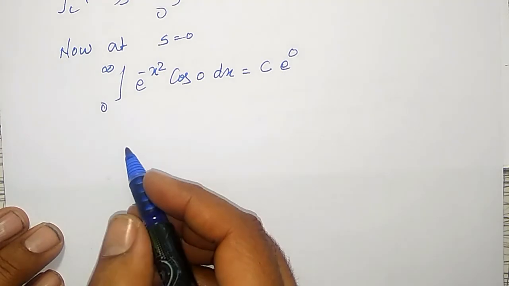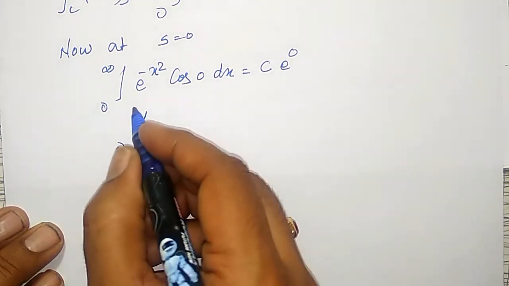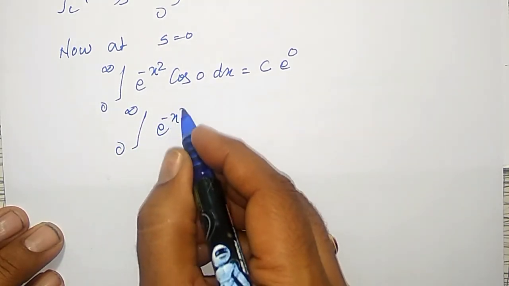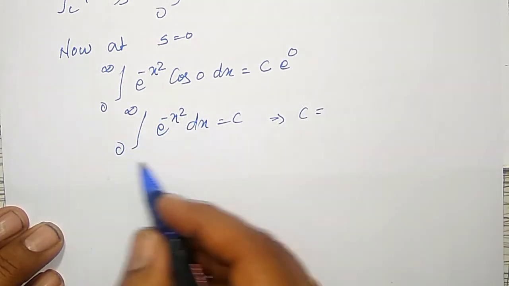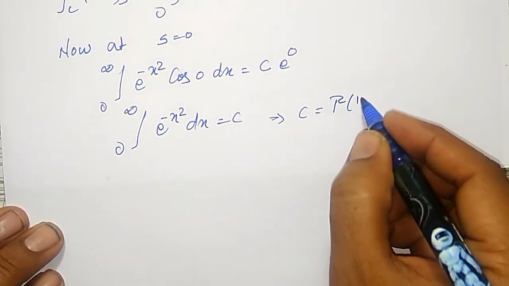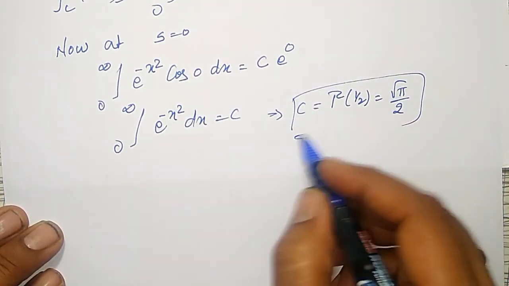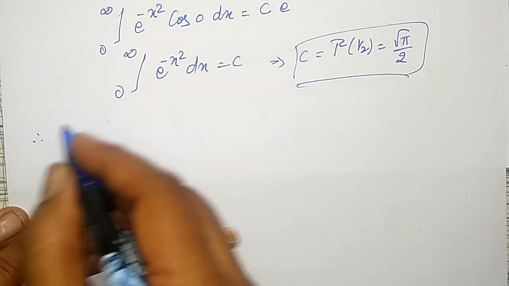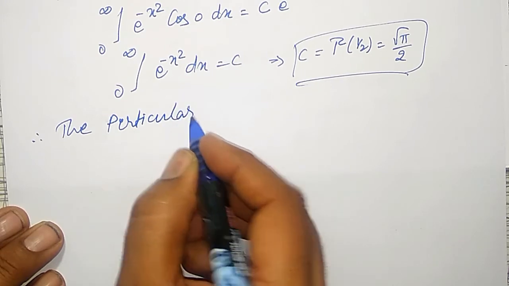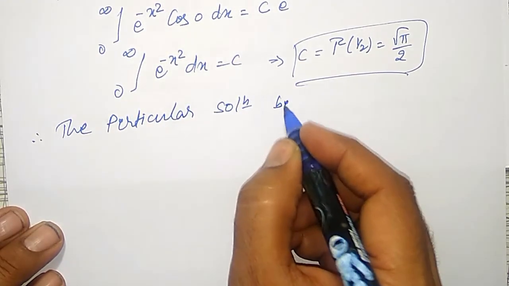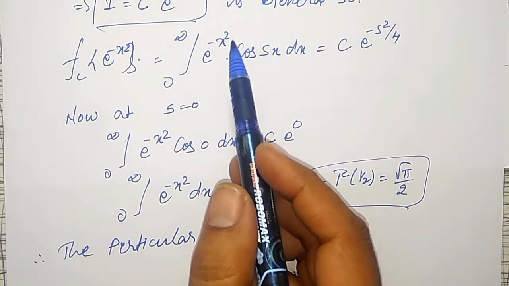Okay, the left hand side integration will become what here then? Left hand side integration from 0 to infinity e to the power minus x square dx equal to c, which implies c equal to, this is the standard form of the gamma function, gamma of 1 by 2, that is root pi by 2, c equal to root pi by 2. Okay, therefore the particular solution becomes, I have to substitute c equal to root pi by 2 in my general solution.